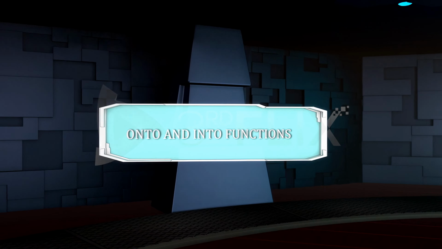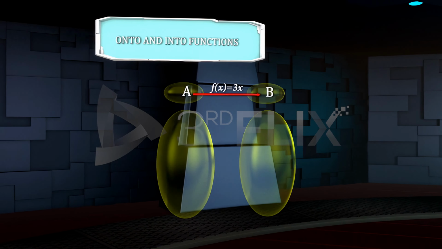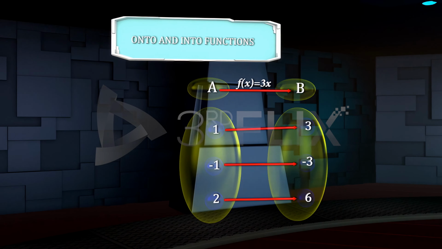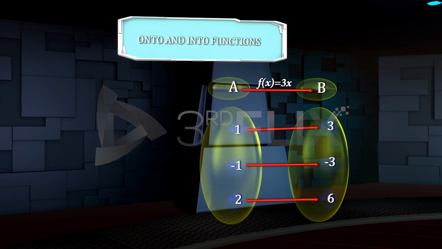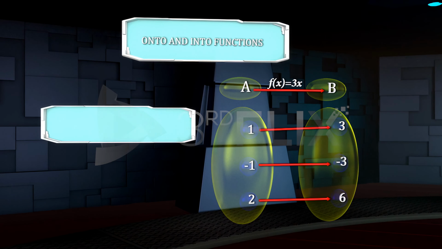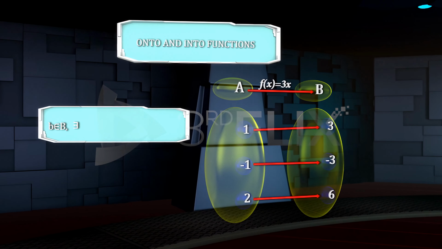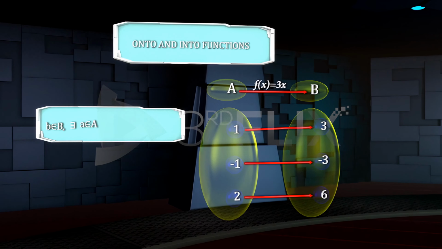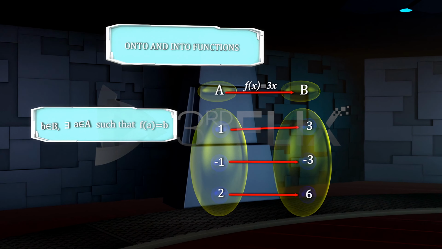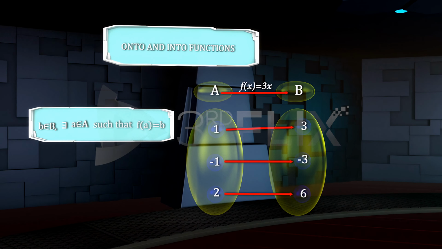Onto and into functions. Let f mapping A to B be a function. If each element in the codomain B has at least one pre-image in domain A, that is, for every b belongs to B, there exists at least one element a belongs to A such that f of a equals b, then f is an onto or surjective function.